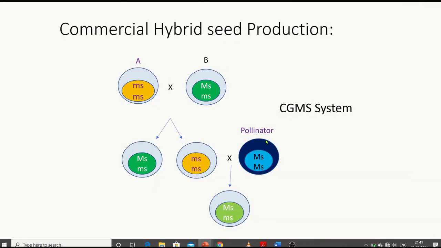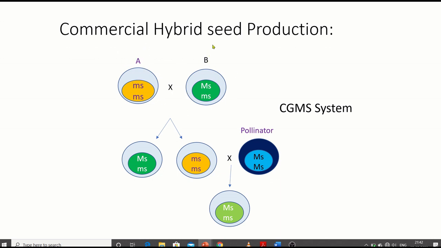Okay, so what is commercial hybrid seed production? It is the use of either genetic male sterility, cytoplasmic male sterility, or cytoplasmic genetic male sterility system to produce a huge amount of seeds. In this process, the most important thing is the male sterile line, which is called the A line.